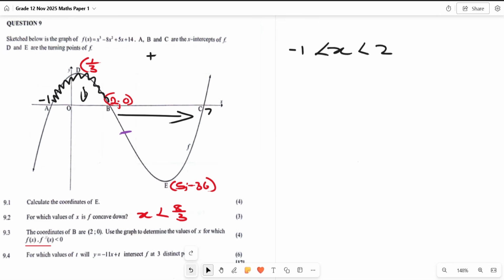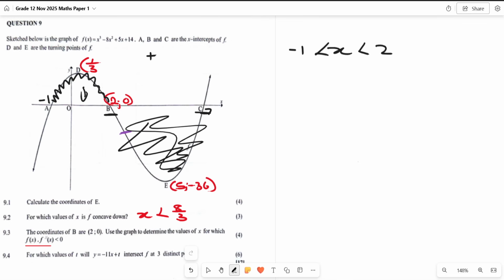Now watch this. When you're between B and C, the entire graph is below, as we can all see. That means f of x times f prime of x, remember, it has to be less than 0. In this interval, the graph itself is negative because it's below.